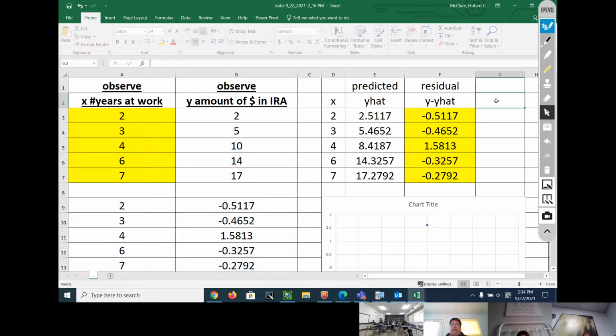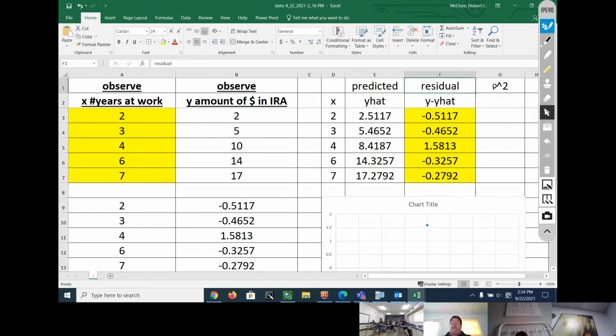So I'm going to put RES squared, not R squared, because R is the correlation coefficient. That's going to be equal to that number squared all the way down.